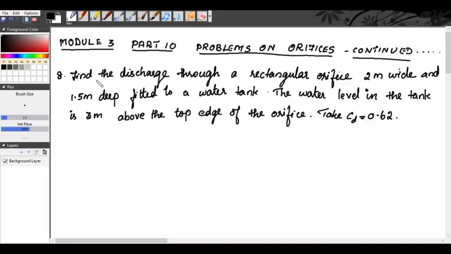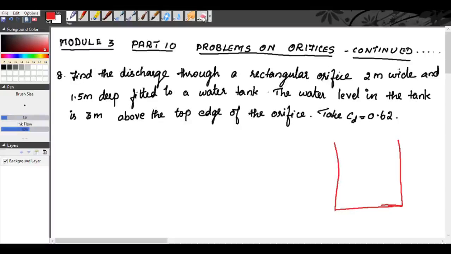Our next problem is: find the discharge through a rectangular orifice 2-meter wide and 1.5-meter deep fitted into a water tank. So we have a water tank, and there is a rectangular orifice.